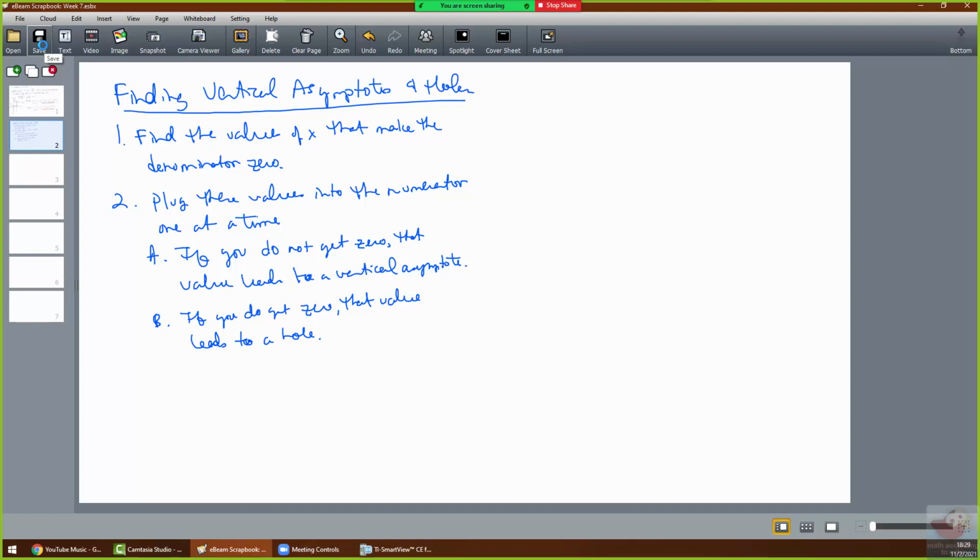A vertical asymptote is a line, so when you are answering vertical asymptotes, make sure it's of the format x equals a number. Don't just say 5 is a vertical asymptote. That's not true. 5 is a number. x equals 5 is a line. A hole is a missing point. Because it's a point, it has the format x comma y.